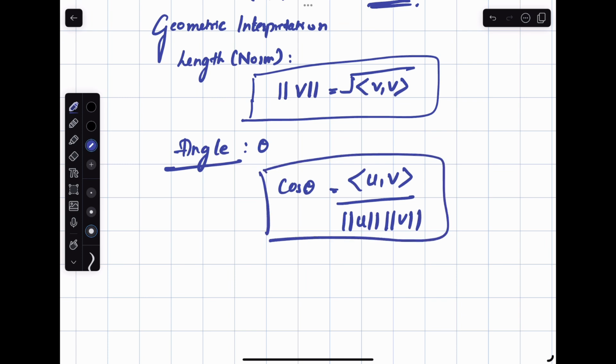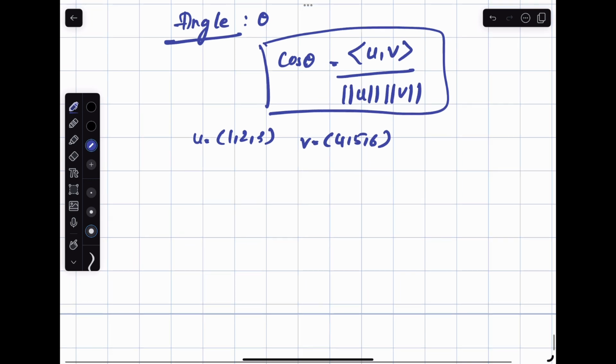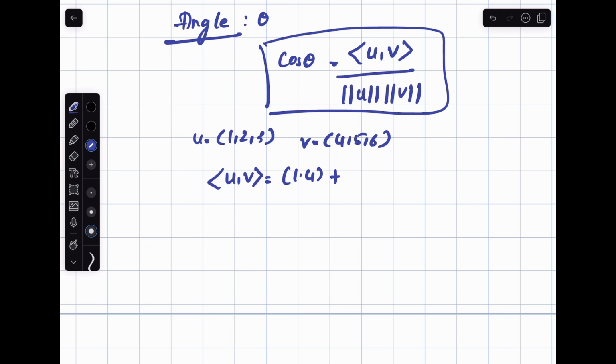Okay, so now let us take one example. Say we have some vector, u is equal to 1 2 3, and v is the other vector, 4 5 6. All right, so what is the inner product of u comma v? It is the same as a dot product, so we will write it down. The inner product of u comma v is 1 into 4 plus 2 into 5 plus 3 into 6, which is equal to 32.